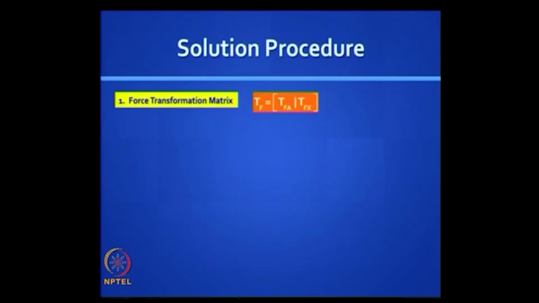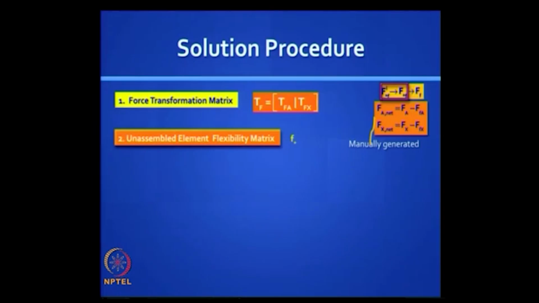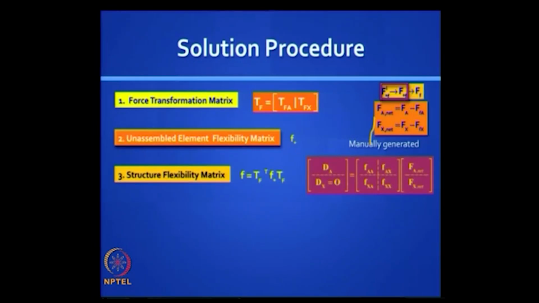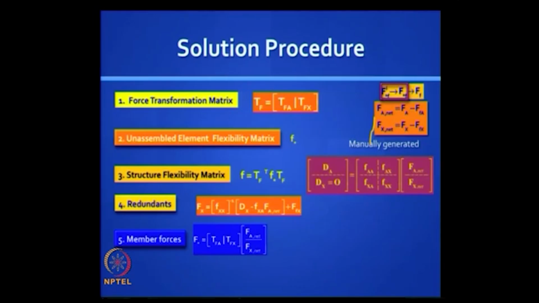The procedure is: find out the force transformation matrix, find out the fixed end forces, you have to generate this manually, find out the flexibility matrix at the element level, generate the flexibility matrix at the structure level, write down your compatibility equations appropriately, solve the second equation to find the unknown redundants, and if you wish you can find the displacements also by solving the first equation, otherwise do not do that.